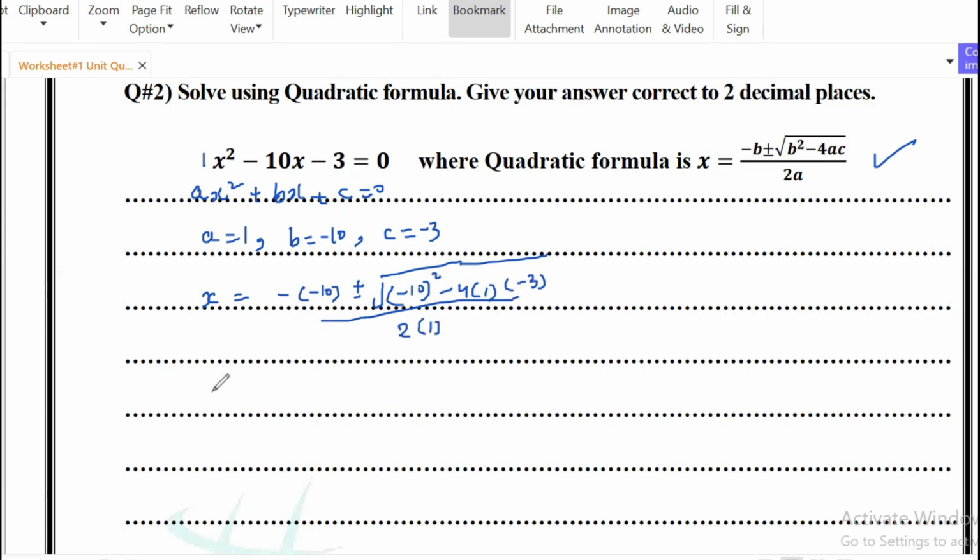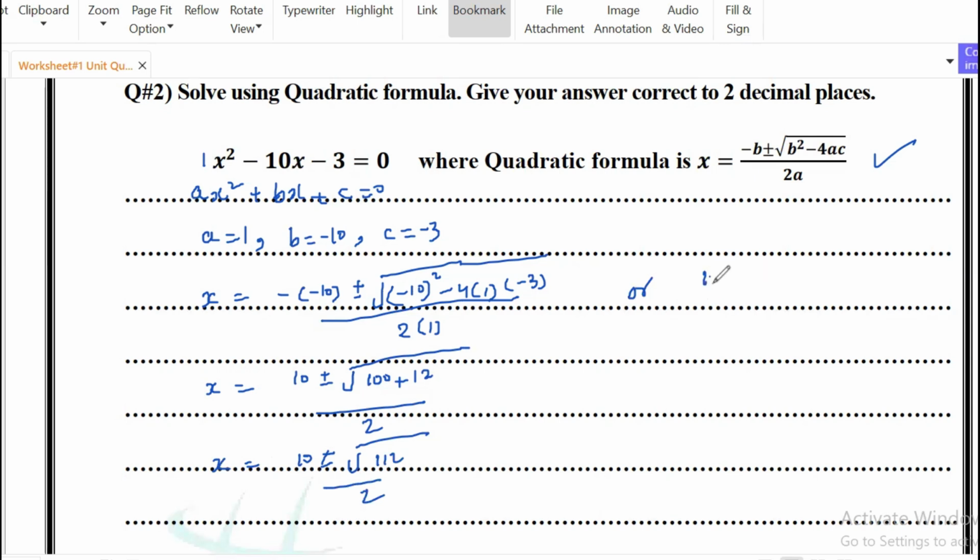So if we do one more step, it is plus 10 plus minus square root of 100 minus minus plus 4 3s are 12, over 2. Next step, it is 10 plus minus square root of 112 over 2, or we can check in the calculator as well.